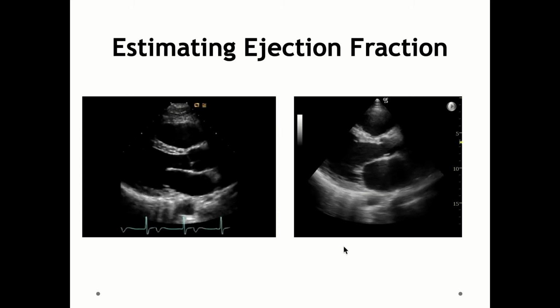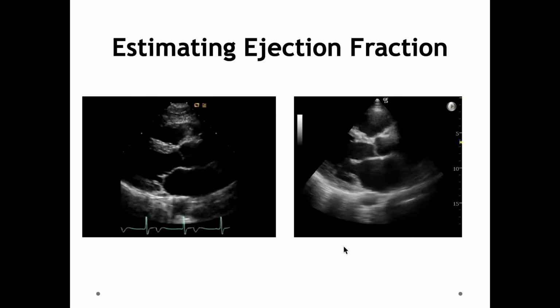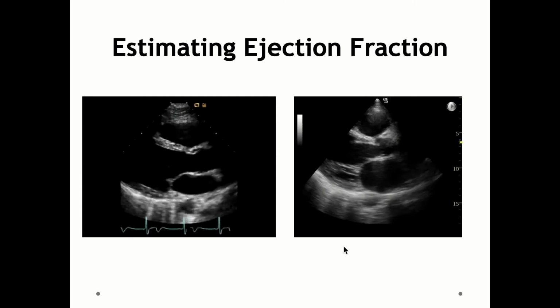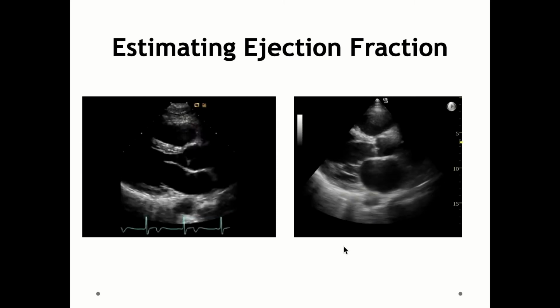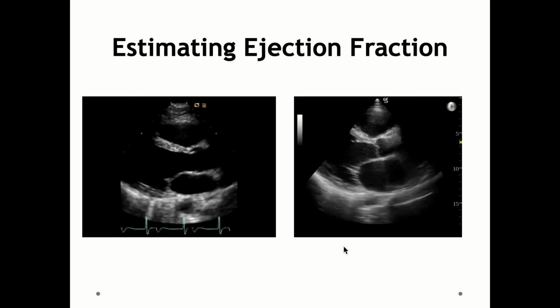When you have patients with decreased ejection fractions, you can see valvular function is reduced, and chamber size begins to increase because the heart is not pumping and cycling blood adequately.